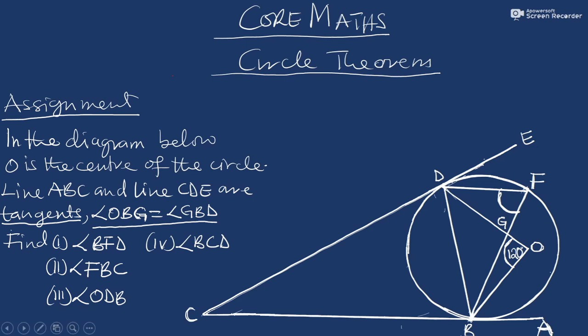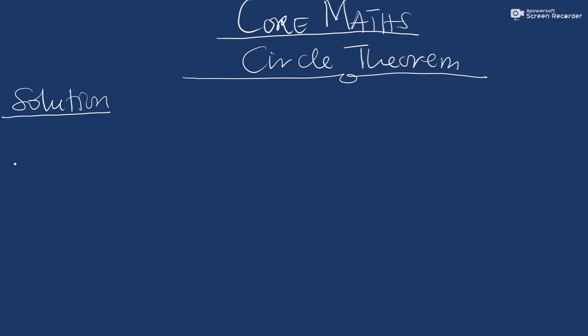So let's present our solution on the I. You write your question number. We've seen that angle BFD is equal to half of angle DOB. So angle DOB divided by 2 gives us angle BFD.